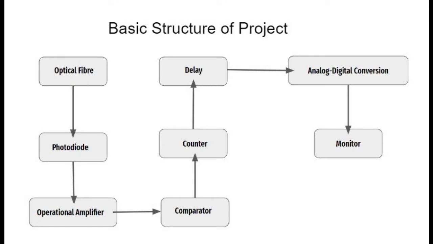The basic flow of our project is that we will use an optical fiber through which light would be transmitted. This transmitted light would be detected by a photodiode. The photodiode that we have used for our project is PD638C.